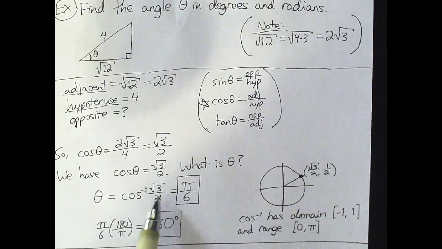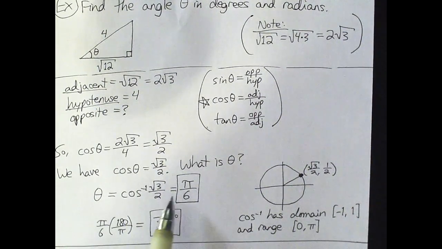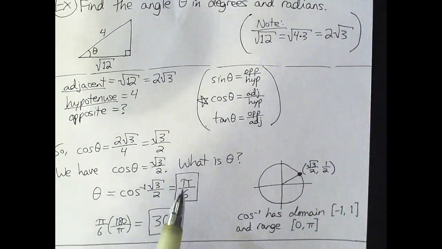Degrees was a separate line, right? But I'm just saying inverse cosine of square root of 3 over 2 equals pi over 6. It's a function, so it can only have one answer, and it is pi over 6. All right, let's go and do another problem.